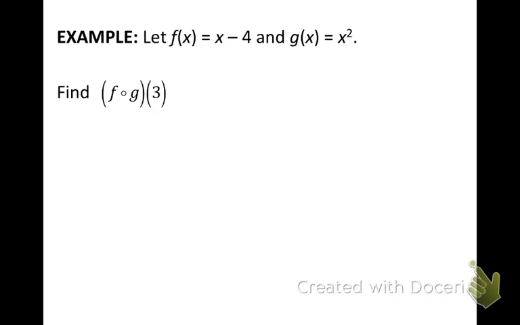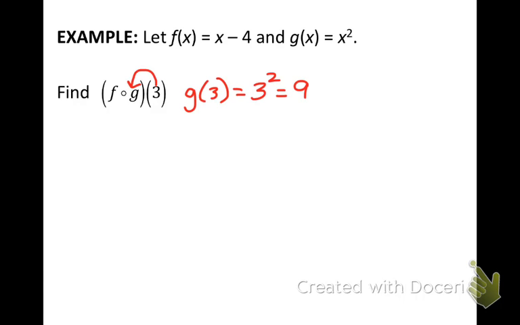I have an actual number that I need to evaluate for. So if I see something like this, you've got two options. You could do the composition with just the number first. You could put that value of 3 into your g function. What do we get if we take g of 3? Get what? 9. Yeah, because it would be 3 squared, so it would be 9.